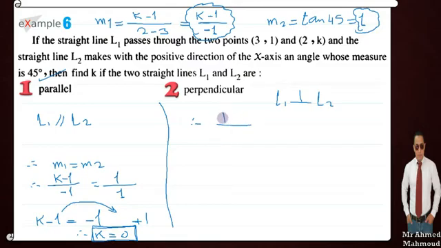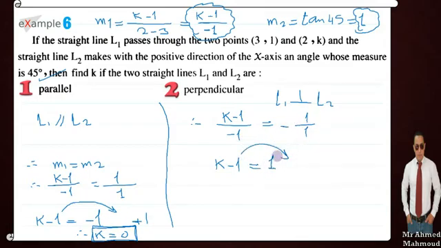Therefore k minus 1 over negative 1 equals the multiplicative inverse: change the sign and turn it upside down. It will be negative 1 over 1. Okay, then k minus 1 equals negative 1 times negative 1 over 1. Again, negative 1 times negative 1 over 1 equals positive 1.